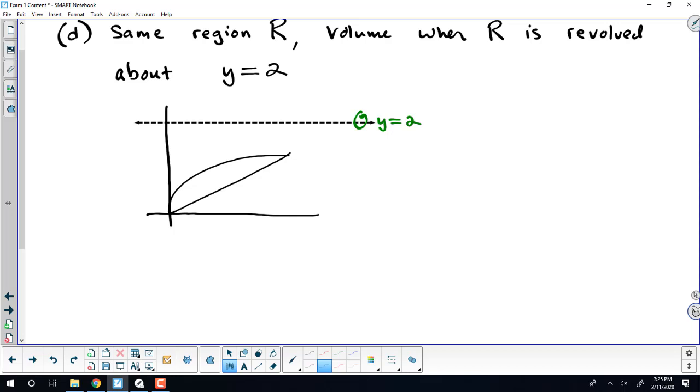So I guess we'll use the disc-washer method here, revolved around this axis, perpendicular. Our rectangles are perpendicular to the axis of revolution.